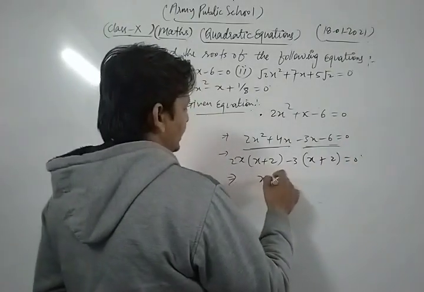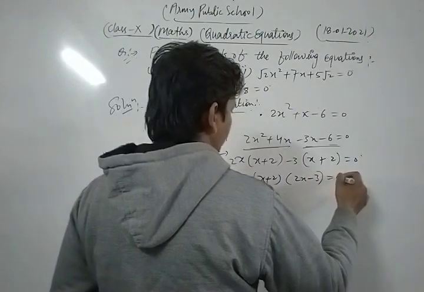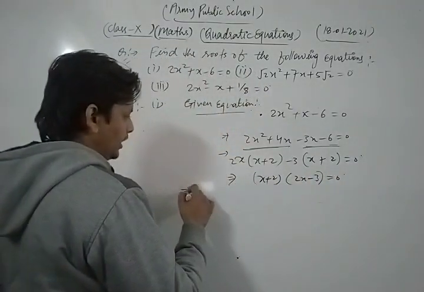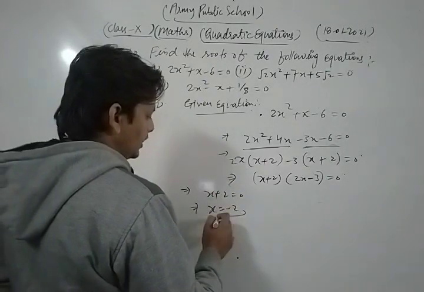So we get x + 2 in one bracket, and in another bracket 2x − 3, equal to 0. Now when we take x + 2 = 0, the value of x is −2.